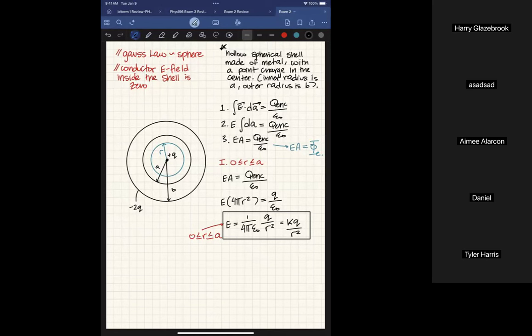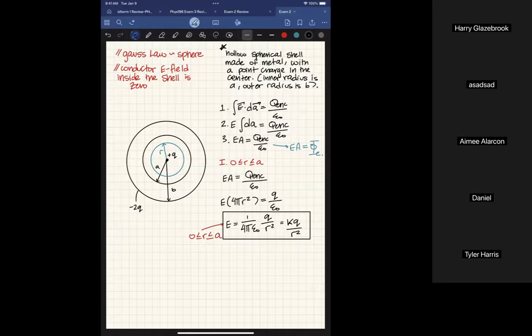I drew a little sphere in my region of interest, between 0 and A, and asked what charge is inside of that sphere. It's only my point charge with a value of positive Q. That's the only value I take into account for my enclosed charge. I ignore everything else.